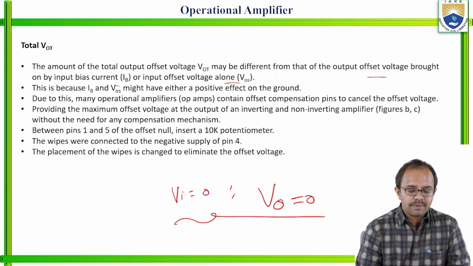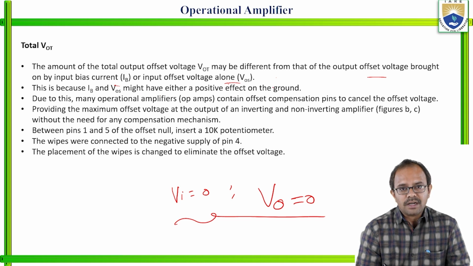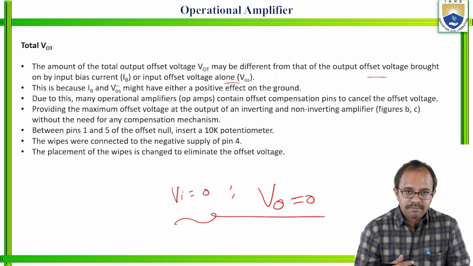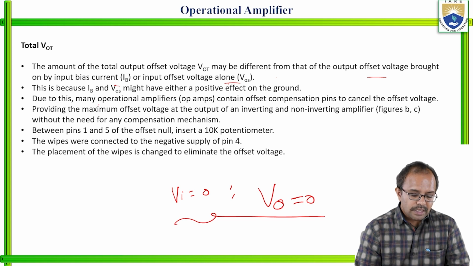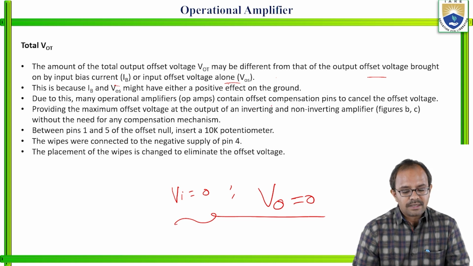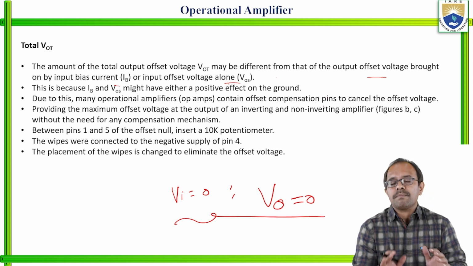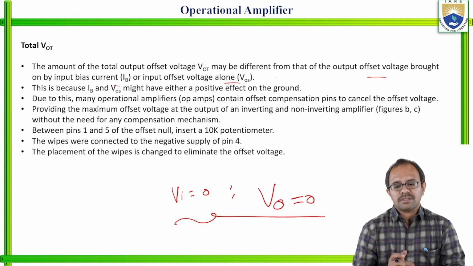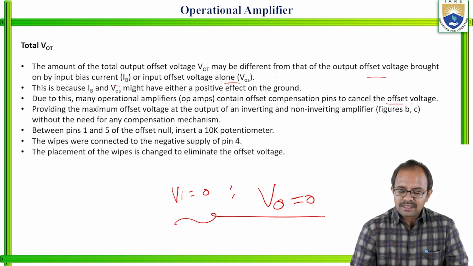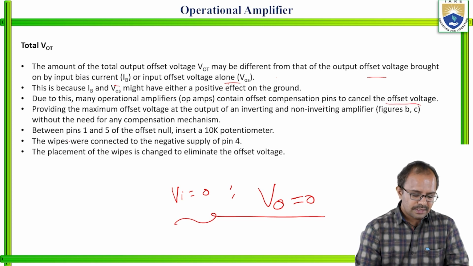Because of IB and VOS, there might be some positive effects, and many op amps contain offset compensation pins. Additional pins are available for compensation, right? To cancel the offset parameters, right?